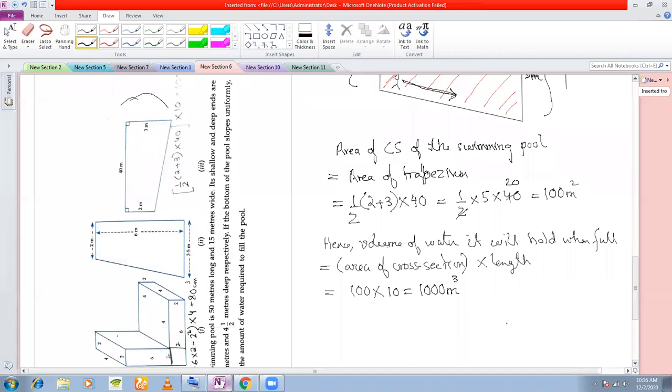But in most of the cases, they will not ask you unless they give you the conversion. They will tell you take 1 meter cube is equal to 1 by 100 liters, or they will tell you that take 100 liters is equal to 1 meter cube. Then only they will ask you to convert it to liters. Okay, so this is the end of the chapter here. Unless you have any other individual problem from this chapter, I will conclude this chapter here.